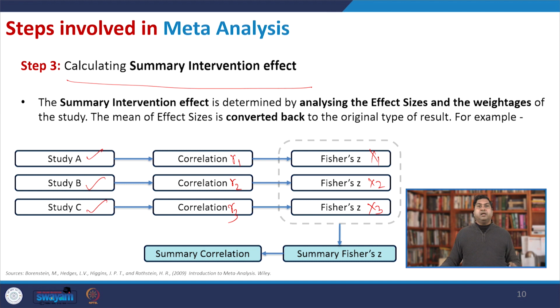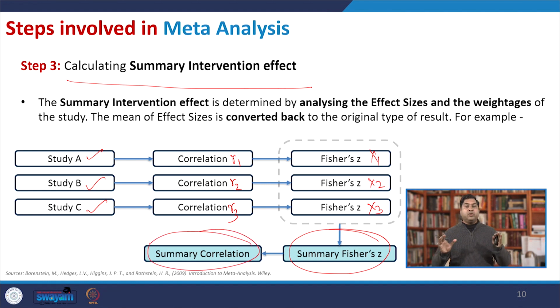There is software where you can use it, or in some cases you can also do this kind of statistics manually. Through that you go for a summary of the Fisher's z and then we get a summary correlation, the overall combined effect. So an individual one is derived for each study, and then we get a combined one.